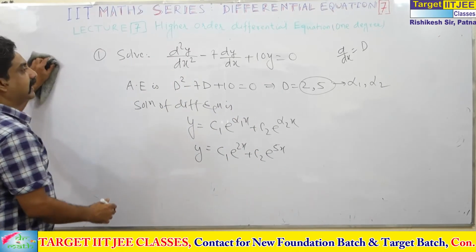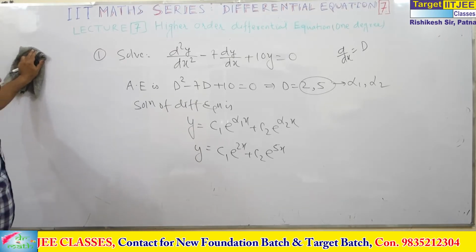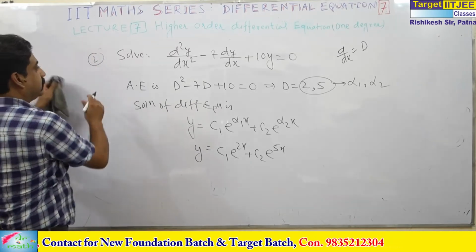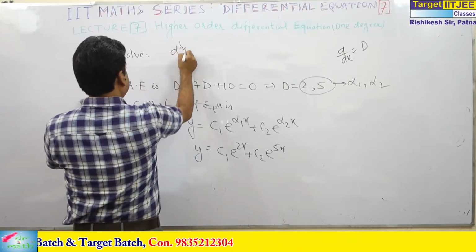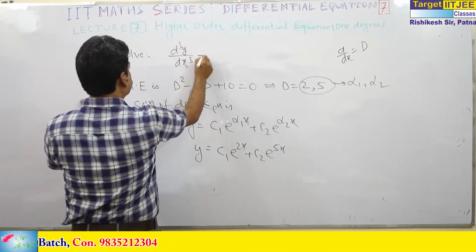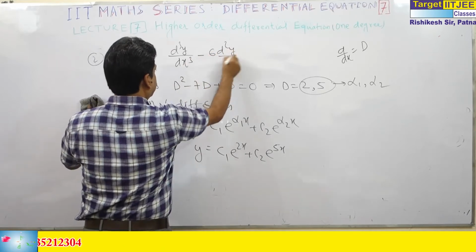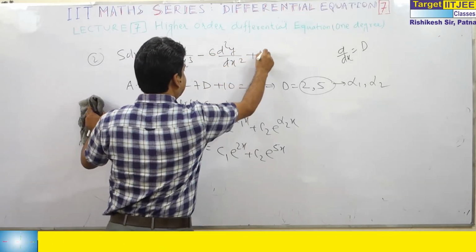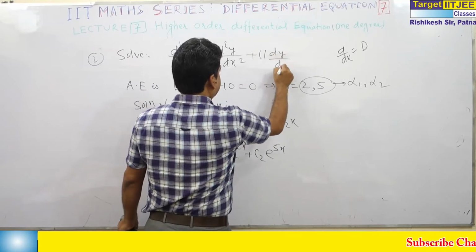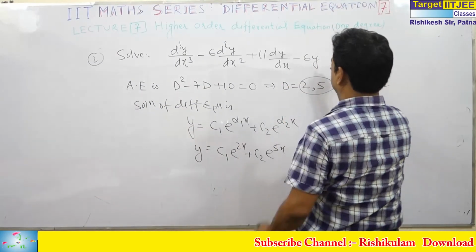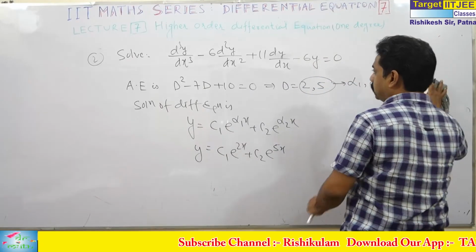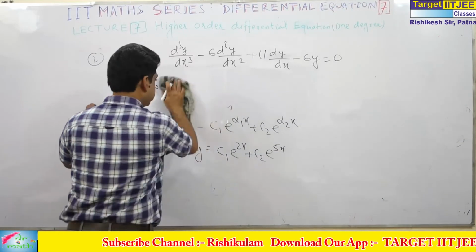Now, come to the next one. Suppose I take equation number 2, of degree 3: d3y by dx cube minus 6 d2y by dx square plus 11 dy by dx minus 6y is equal to 0. What is the auxiliary equation?